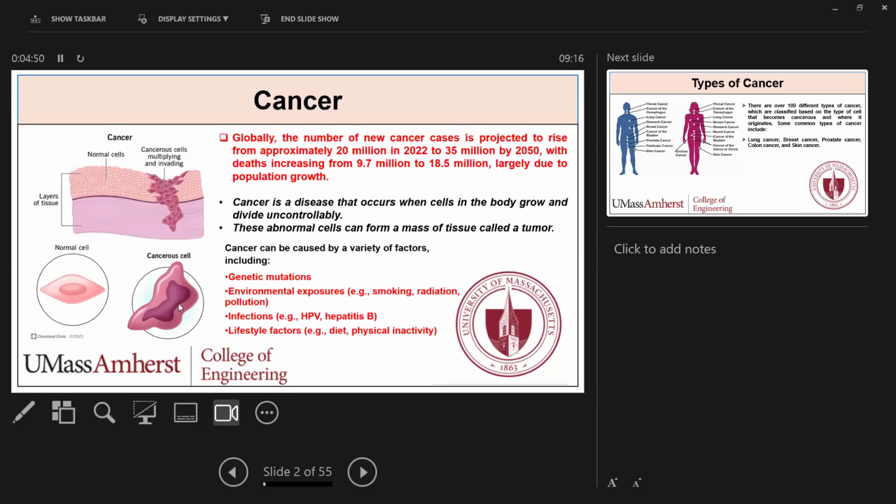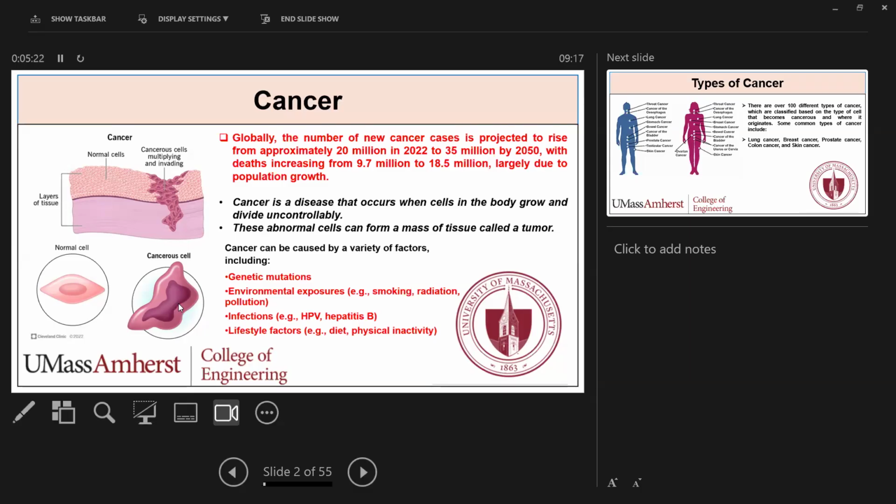If I say passive smokers, it's not the one who's actively smoking, but the one who is sitting next to him or her. Even they are prone to get cancer. And infections like hepatitis B and several other infections. I even worked on a project where an oral bacterial infection can lead to oral cancer, which starts from a periodontitis kind of gum disease, and eventually ends up in oral cancer.